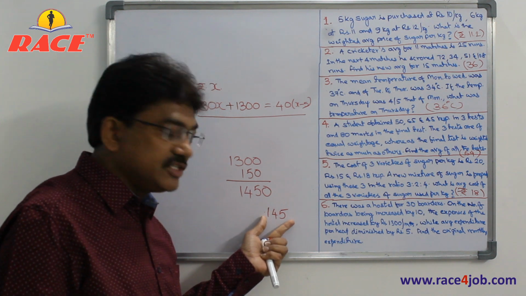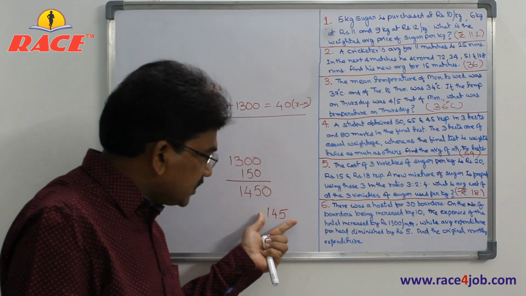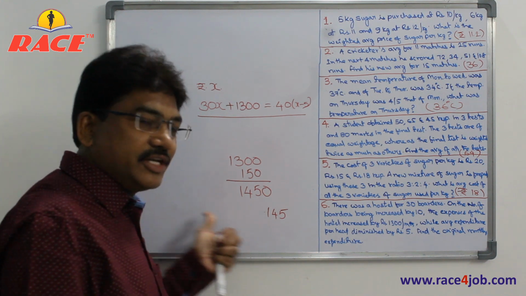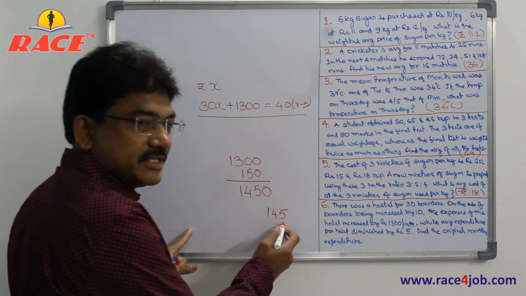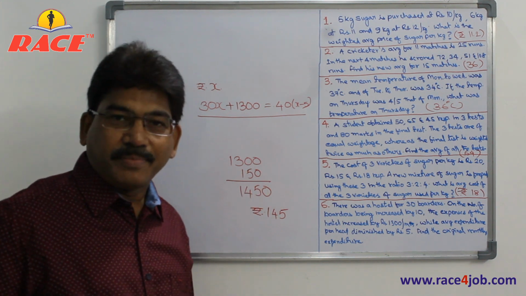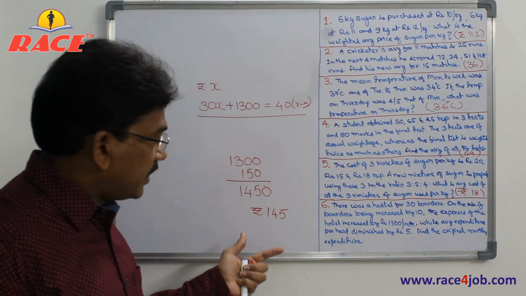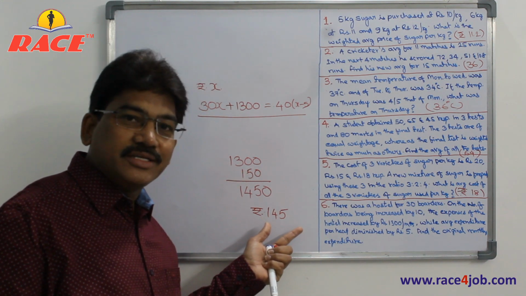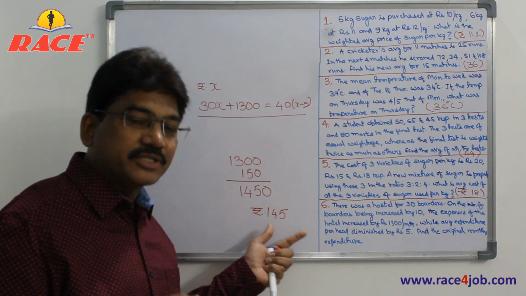This 145 is not only of these 10 people. Now this is the average of all the other 30 people also. The average of all 40 students is 145 rupees. The other 30 people are presently paying 145, which is after reducing 5 rupees.